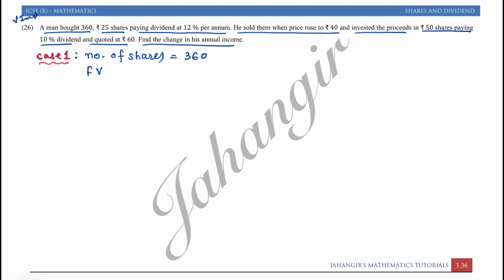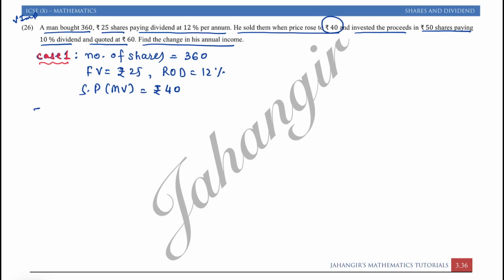Face value is rupees 25. We don't know the market value, but the rate of dividend is 12%. We know when the price of that share is 40, he sold out. So we can write selling price as well as market value. When the market value is rupees 40, he sold all the shares and invested the proceeds.